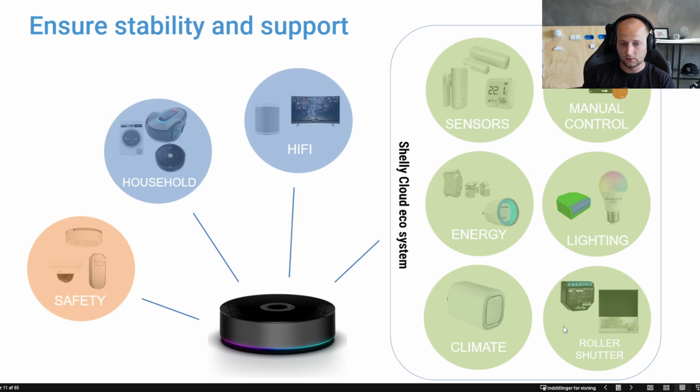So you can control your roller shutters, your climate, your lighting, your energy monitoring. You also have the manual control, so everyone knows how to turn on and off the lighting without using an app or voice control or something like that. You also have the smart sensors, meaning the motion sensors, humidity and temperature sensors, door window sensors, etc., in one single system. Meaning, if you do that, we will give you full guarantee, full support.